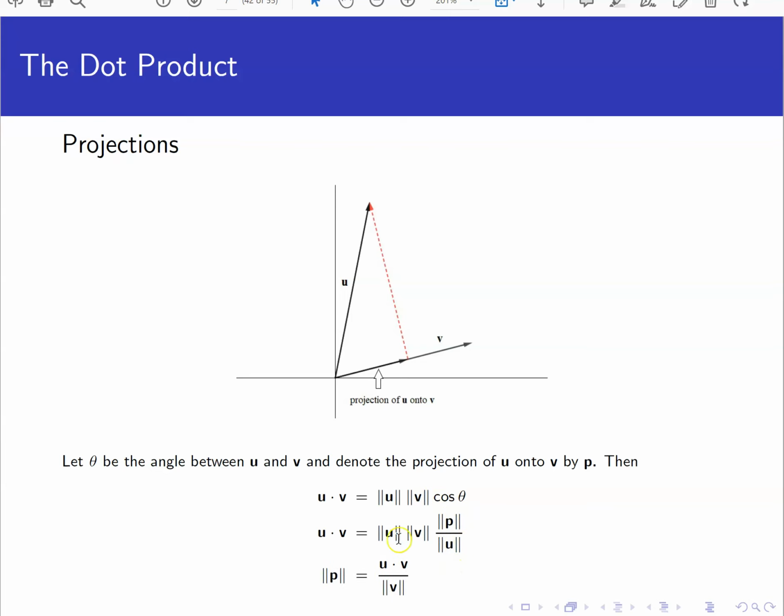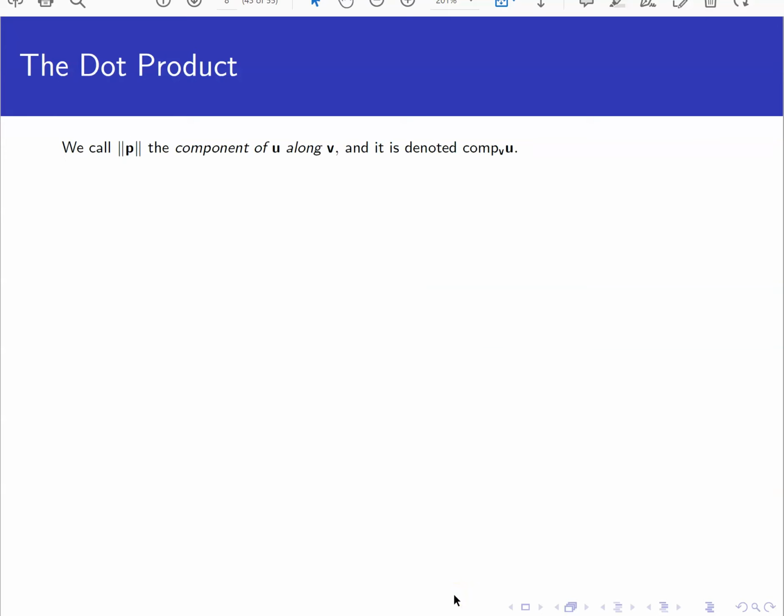Notice the magnitudes of u cancel. We can solve for magnitude of p and get u dot v over magnitude of v. That magnitude of p we call the component of u along v and denote it as comp sub v of u. So u is the thing that we're projecting, v is what we're projecting onto.